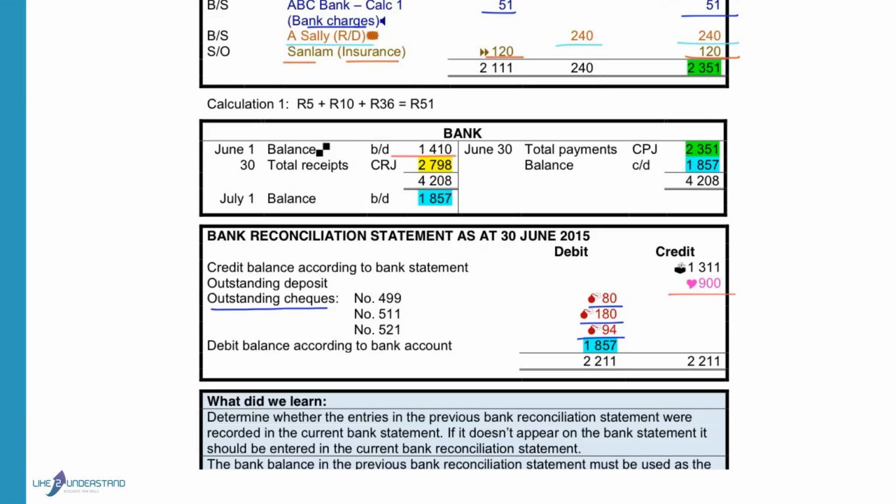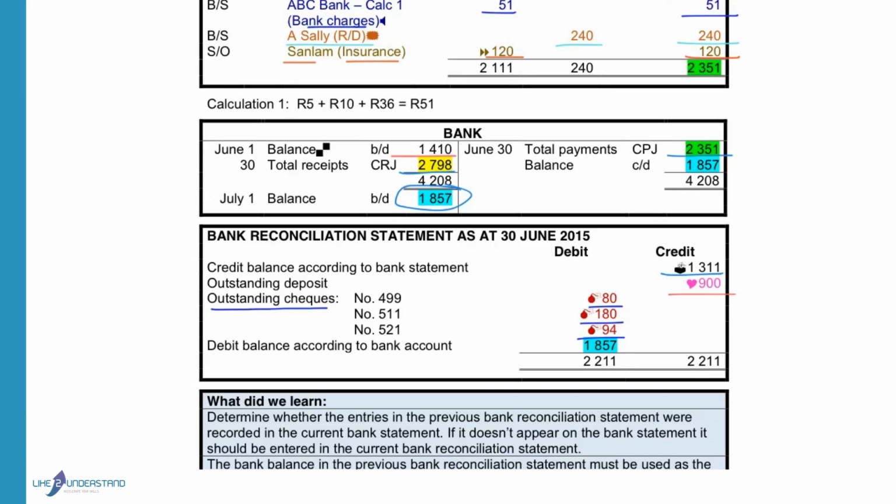So we will start the bank reconciliation statement with the balance in the bank statement on the last day of the month. Then we will transfer the total of my cash receipts journal to the debit side of the bank, and we will transfer the total payments to the credit side of the bank and balance my bank account to determine what is the balance in the bank after we did the corrections and omissions.